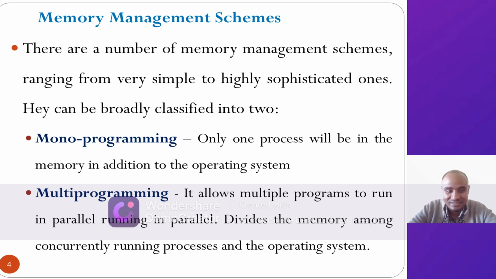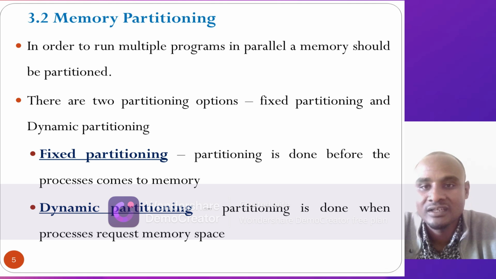That means it divides the memory among concurrently running processes and the operating system. A given memory is divided into sub-memories in order to run these multiple programs. Whereas in monoprogramming only one process is in memory, so the memory is not divided.